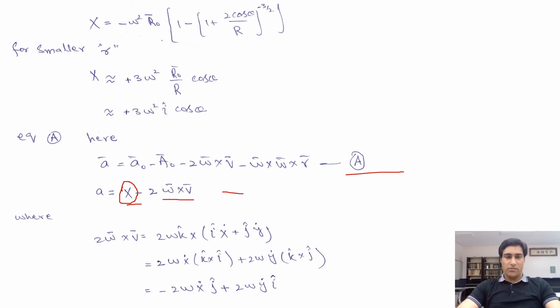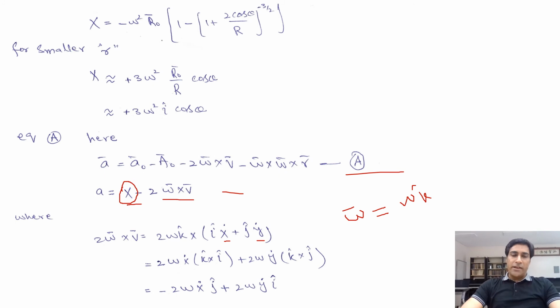So here this is the simplified case, 2 omega k unit vector. It is given in the problem that omega naught equals omega, k unit vector. And v equals i x dot plus j y dot, because v is the velocity and we have velocity components in x and y.